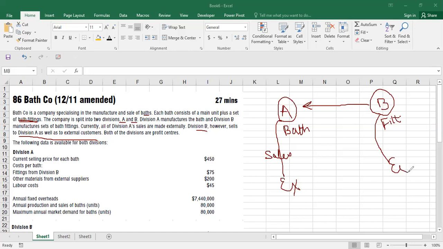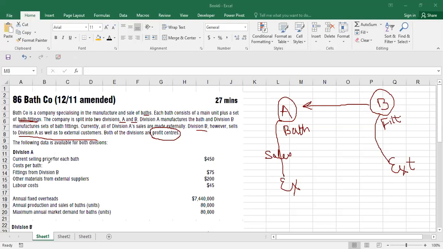So Division B has internal sales; A does not have any internal sale. Both of the divisions are profit centers, which means that they are responsible for the profitability.